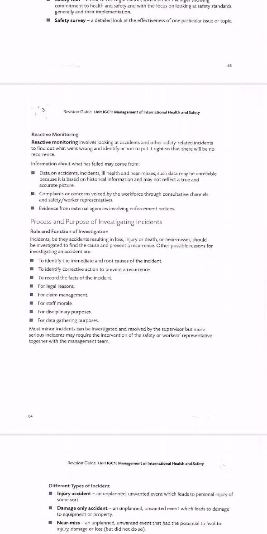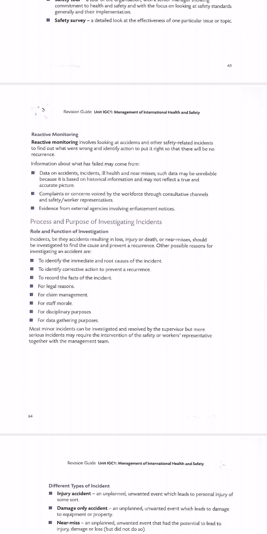Number one, data on accidents, or incidents, ill health, and near misses. Such data may be unavailable because it is based on historical information and may not reflect a true and actual picture. So you're talking about data.